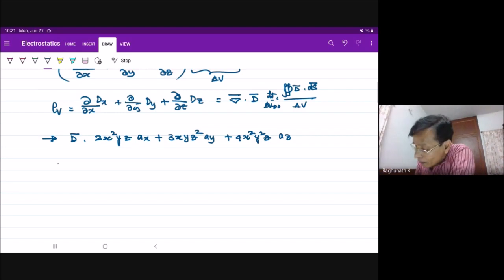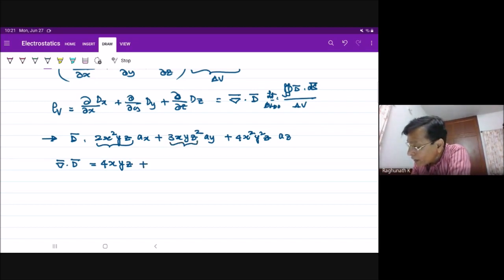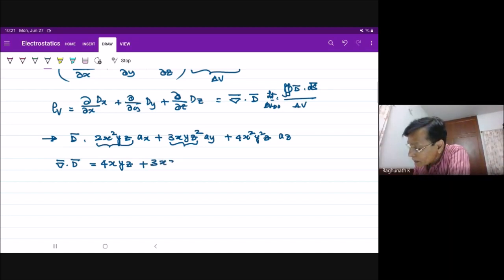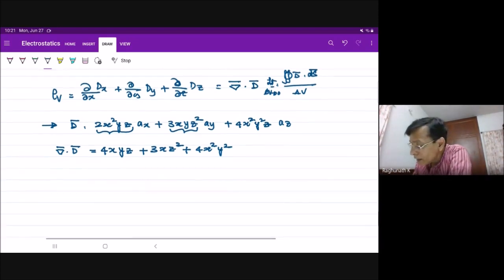What is del bar dot D bar, which is rho v at any point? Differential of the x component with respect to x, 4xyz, plus the differential of the y component with respect to y, which is 3xz squared, plus 4x squared y squared is rho v.